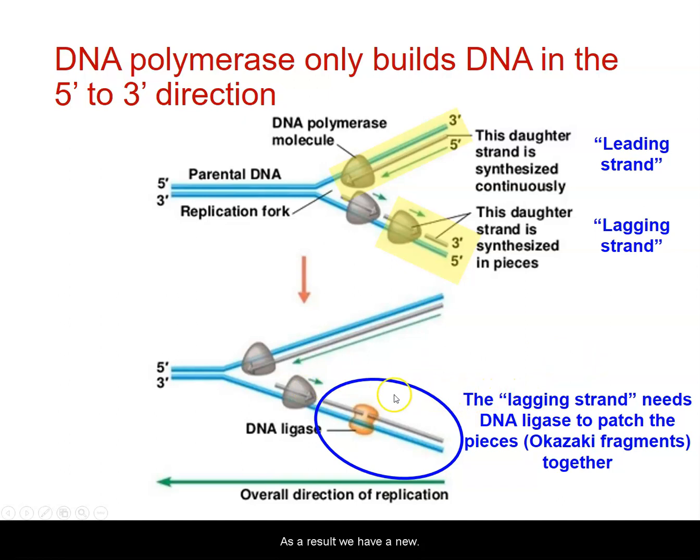As a result, we have a new enzyme here called DNA ligase. Ligase pieces together bits of DNA on the lagging strand. And these bits of DNA have a very specific name called Okazaki fragments. Okazaki fragments are only on the lagging strand and are only bound together using DNA ligase to make complete copies.